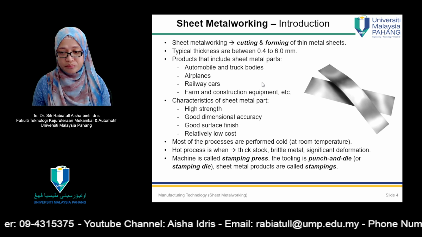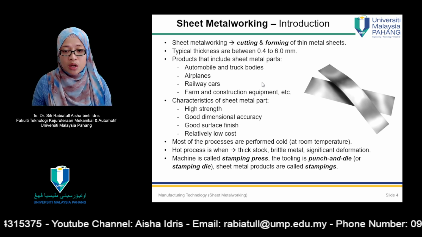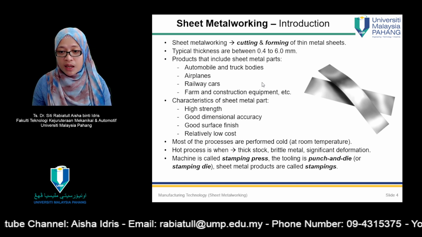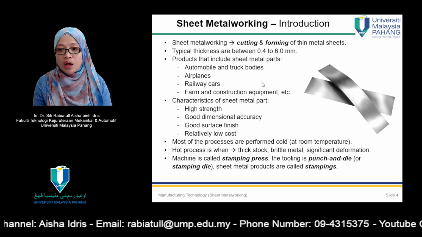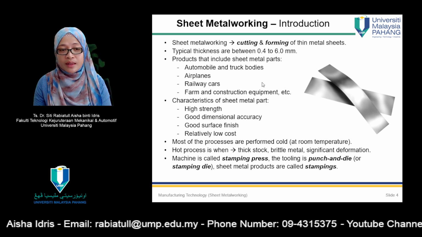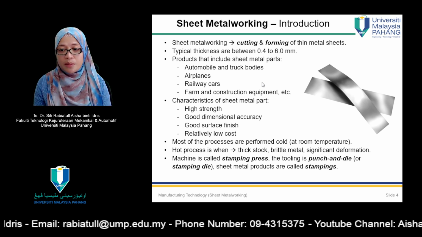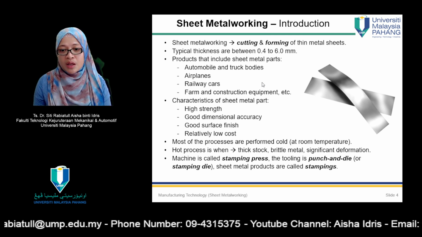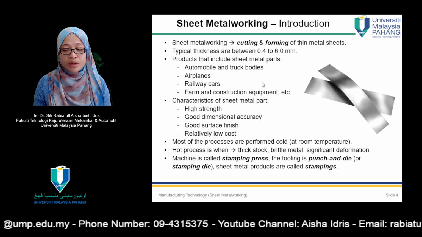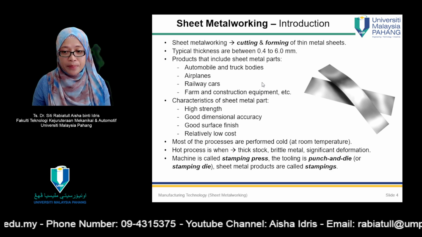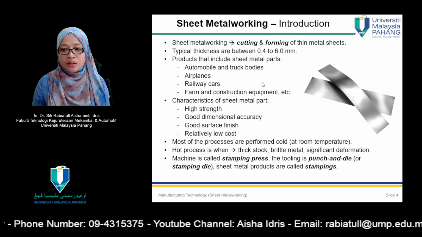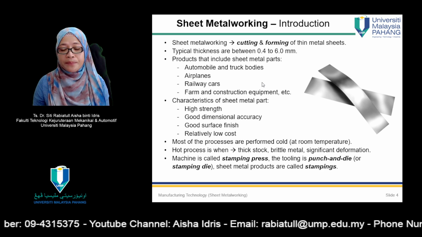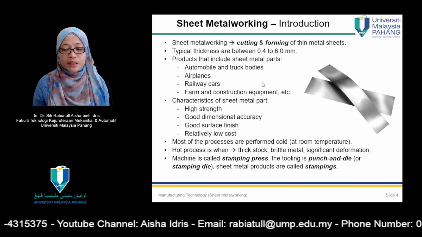However, there is also a hot process for sheet metal working, normally used for thick metal, brittle metal, or when it requires significant deformation. The equipment used for sheet metal working is called a stamping press, and the tool is called a punch and die or stamping die. Sheet metal products are called stampings.